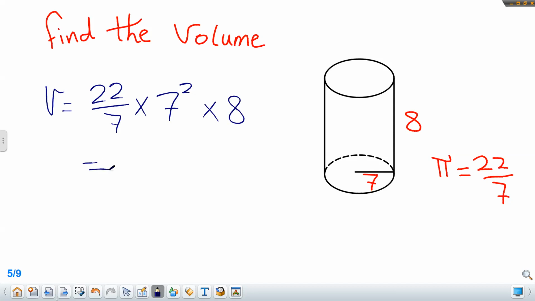Okay, you can multiply them. It will be 1232 cubic units because it's a volume. Okay, this is solid number 2, which is cylinder, and volume of the cylinder is pi r square height.